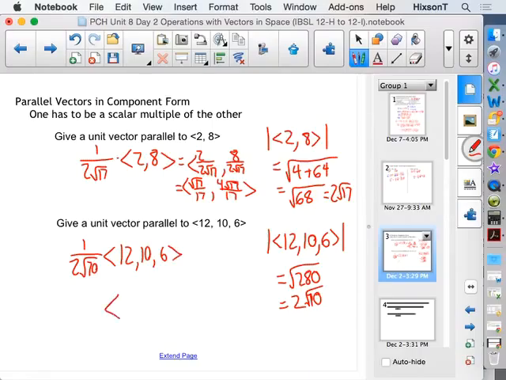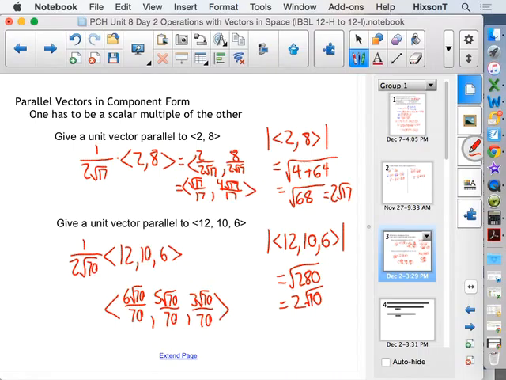So we've got 12 over 2 is 6, 6 root 70 over 70. And then 5 root 70 over 70. And then 3 root 70 over 70.